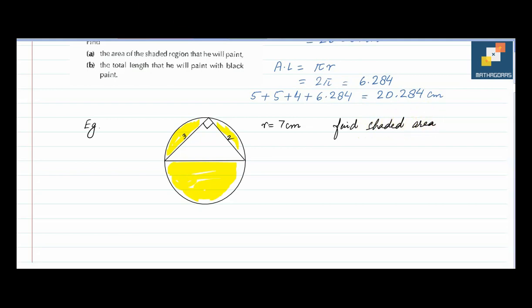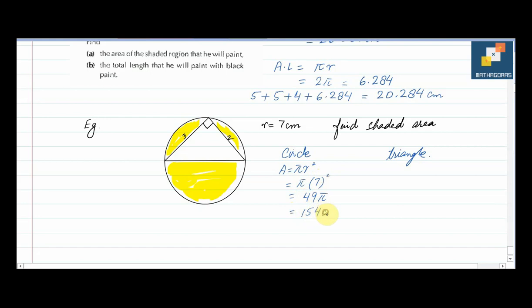Now first thing, before finding the shaded area, highlight the shapes. Now you have a circle and you have a triangle. Now area of a circle is pi r square. r is 7, so 7 square is 49 pi. And if you multiply 49 with 3.142, it's 154.